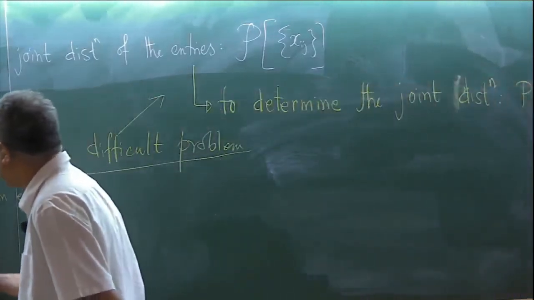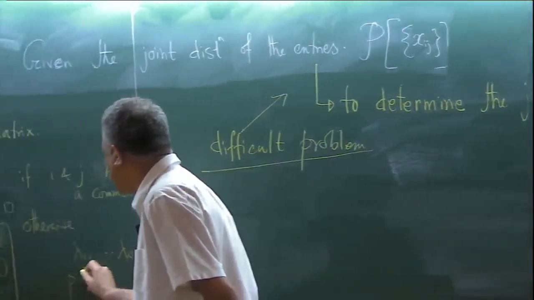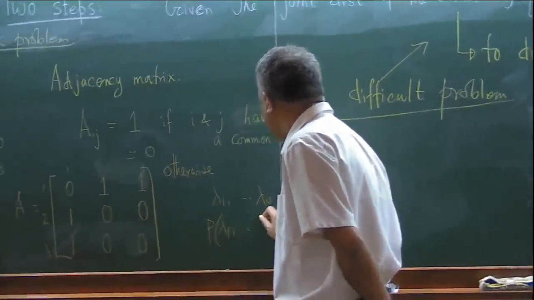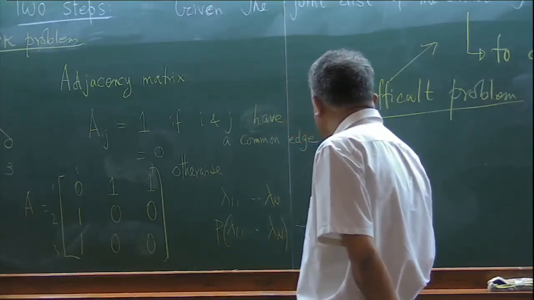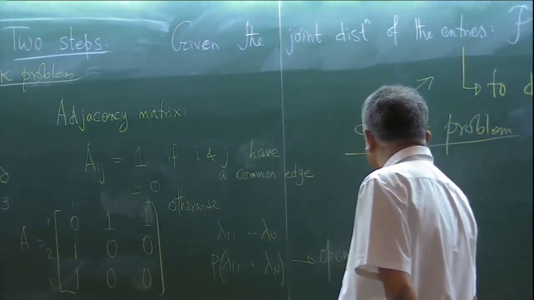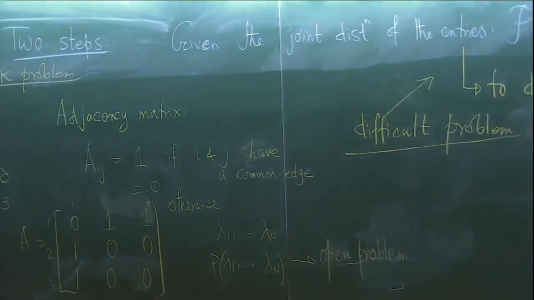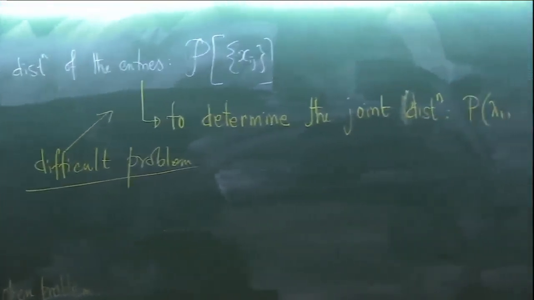Again, this will be a symmetric matrix, so there will be n real eigenvalues. If I ask you what is the joint distribution of these, this is a totally open problem. There are very few cases where, given the joint distribution of entries, you can determine the joint distribution of eigenvalues, and the Gaussian is only one of those rare examples.